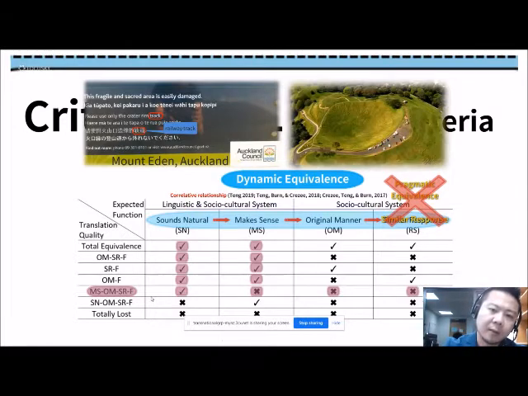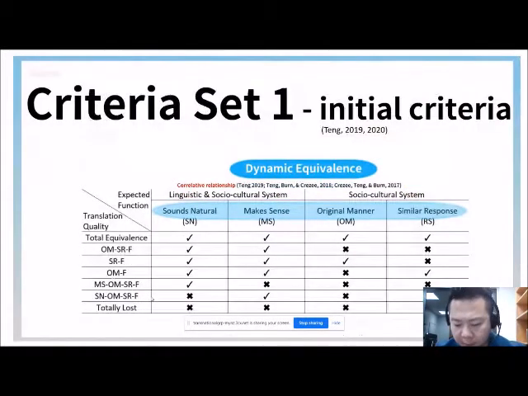So this is the assessment criteria that I used in my PhD study, where I recruited a total of 30 participants. 15 of them were Chinese language translators, mostly based in Auckland, and the other group of 15 participants were Chinese immigrants. They came to New Zealand through chain migration.